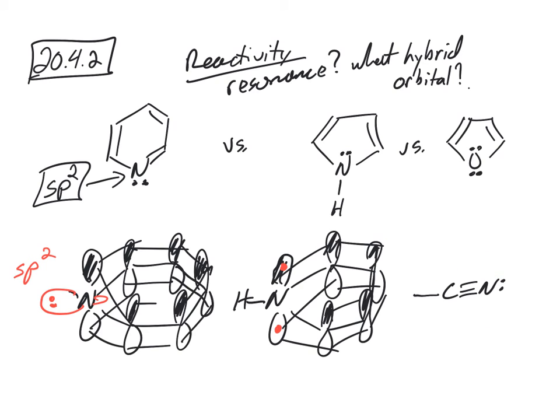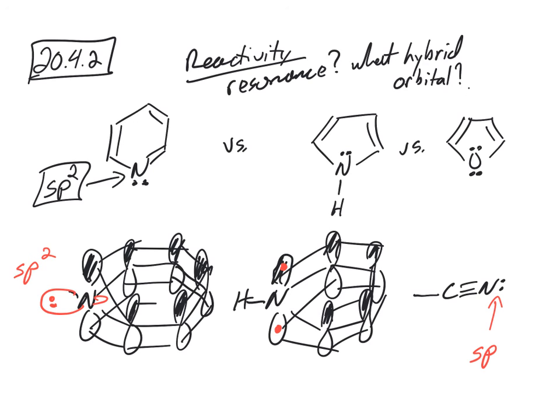What about this? So this is acetonitrile. What's the hybridization state of this nitrogen? It is sp hybridized. Good. Where is this lone pair at? What hybrid orbital is this lone pair in? sp. Very good.